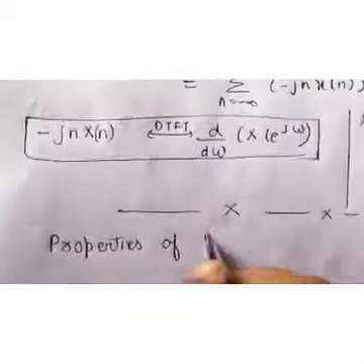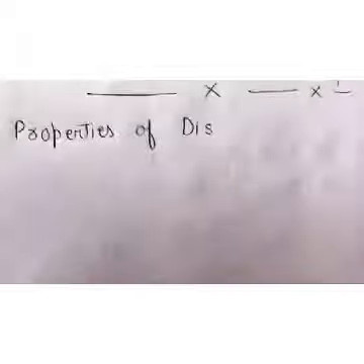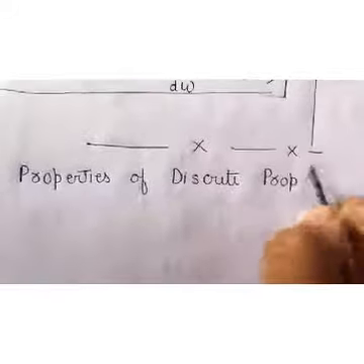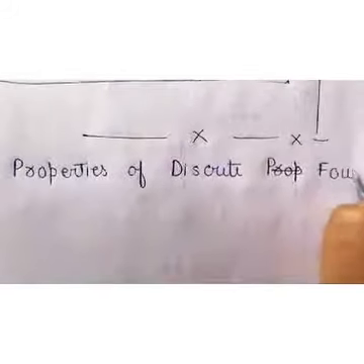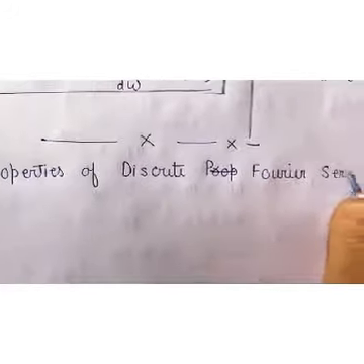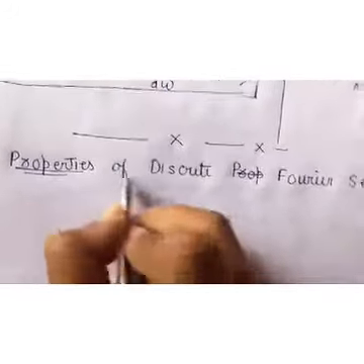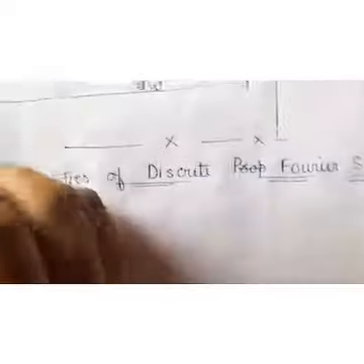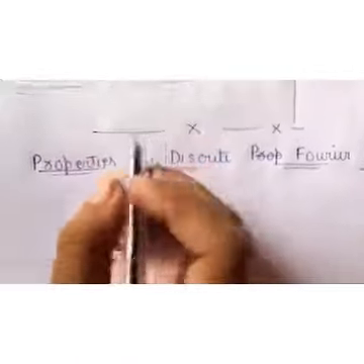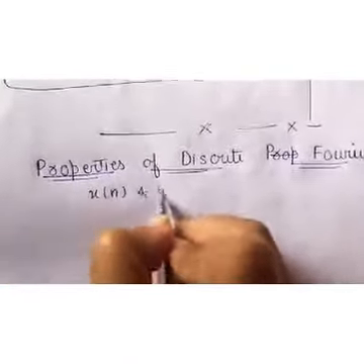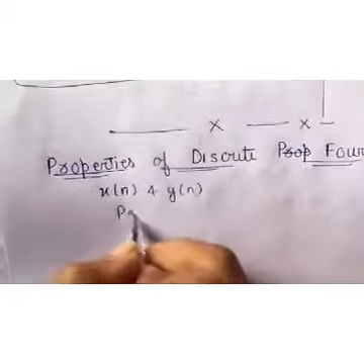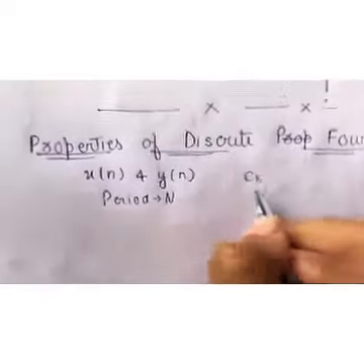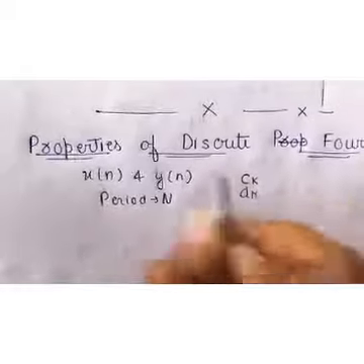Here we assume two periodic signals, x of n and y of n, with period N and with Fourier coefficients c of k and d of k respectively.